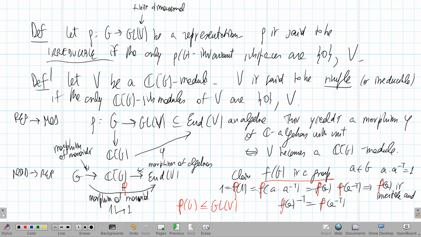Okay, so far finite dimensionality has played no role, but let's now see the important consequence of Maschke's theorem, where finite dimensionality is absolutely essential. Let's speak in the language of representations. Let rho be a representation.